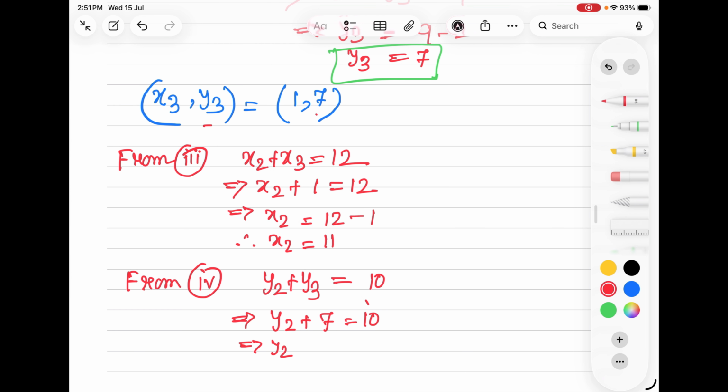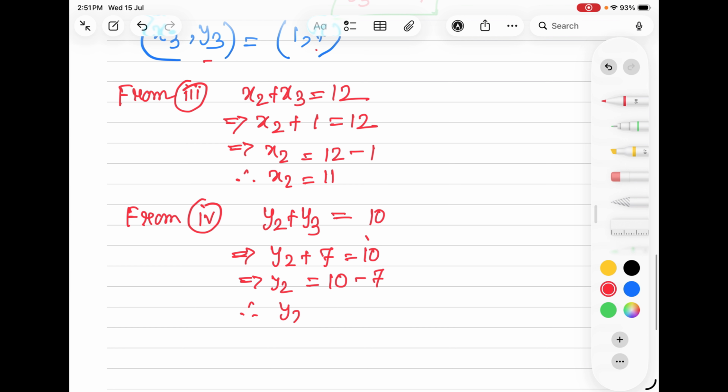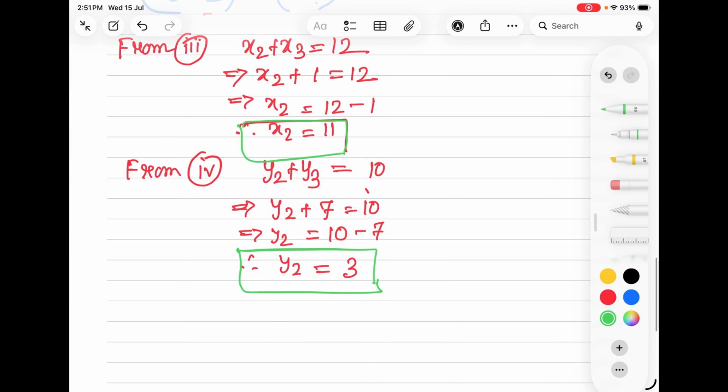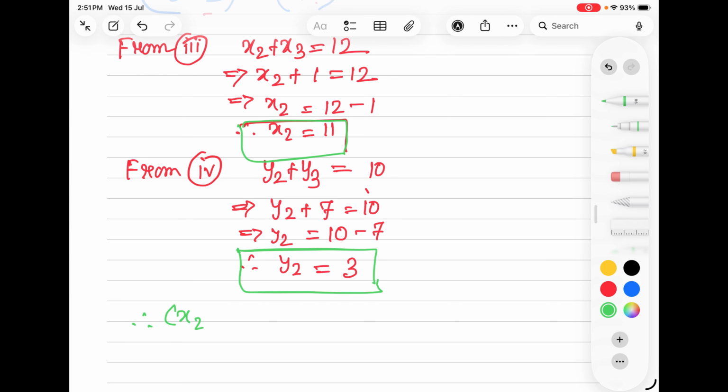That implies y2 equals 10 minus 7, which is 3. Therefore, y2 equals 3. Now x2 equals 11 and y2 equals 3. So write it here: x2, y2 equals 11, 3.